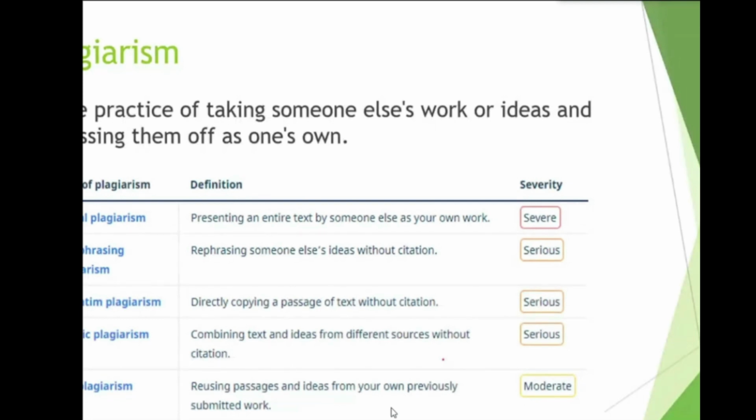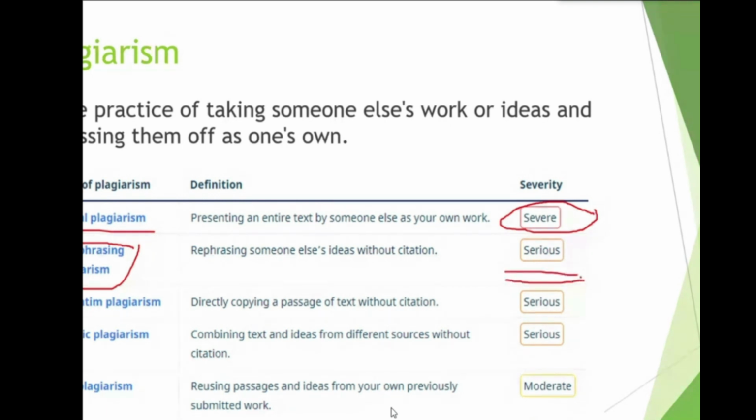And there are different forms of plagiarism. One is called global plagiarism, presenting an entire text by someone else as your own work. It is a severe mistake, and one should not do that. There is also paraphrasing plagiarism, which means that you rephrase someone else's ideas without referring to the original person. It is a serious offense.